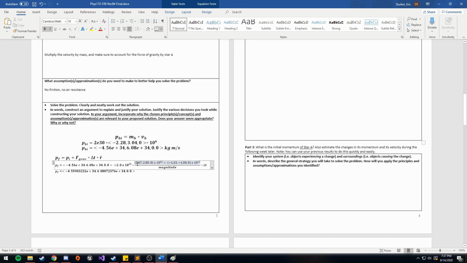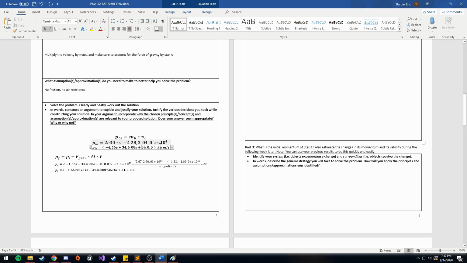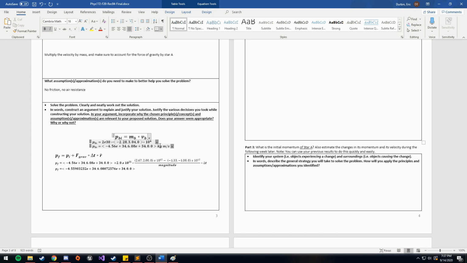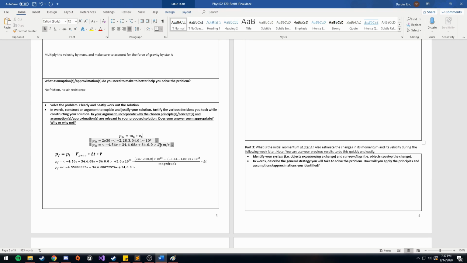9.67 times 10 to the 30th. Wait, times 10 to the 42nd, not... Oh, wait a second. Okay, I'm just dumb. It's okay, because I still multiplied by 10 to the 12th, but that's not the unit vector.